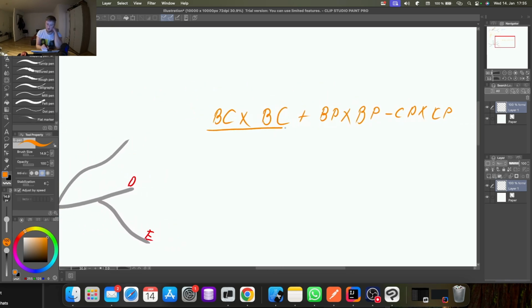Everything we have to divide by 2 multiplied by BC multiplied by BP.